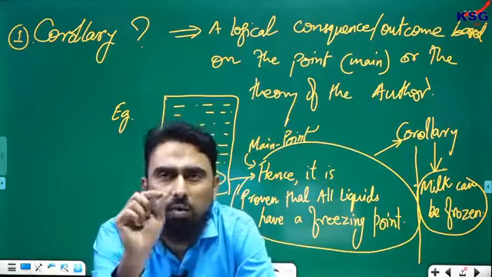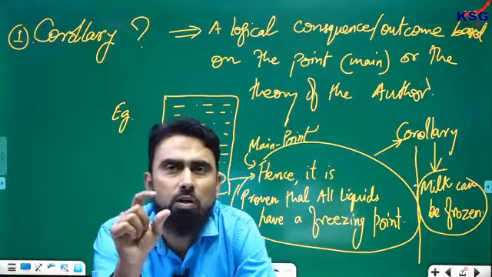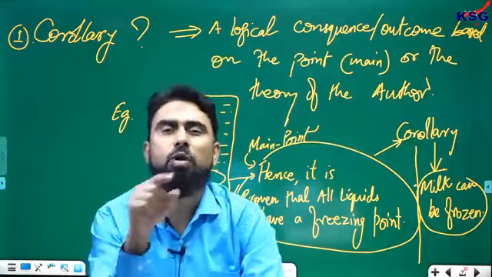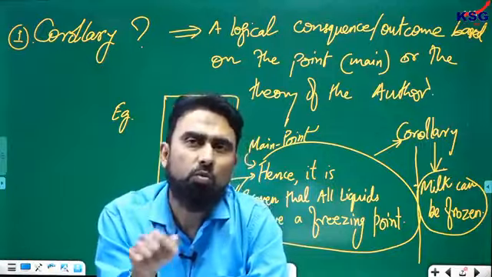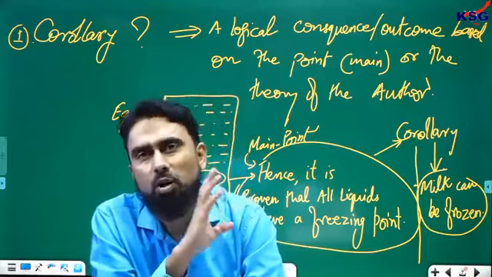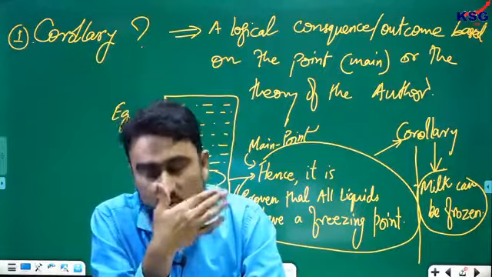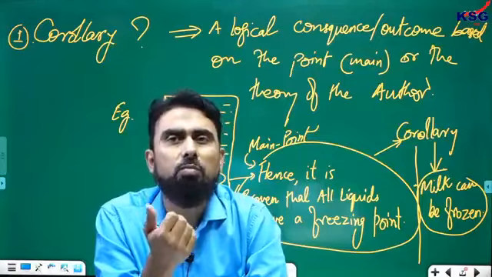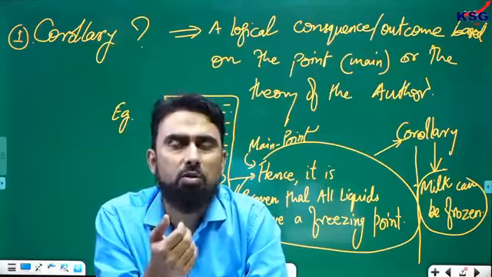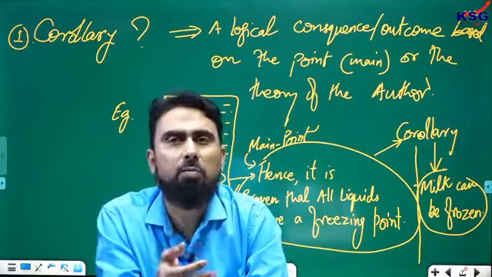While writing your steps, suddenly you come across a step where you feel okay, here is this ideal case where a particular theorem can be used. So this then you prove as a corollary to that theorem. So that's an outcome or finding based on an already established or proven point. So corollary is a consequence based upon an already proven point, an already established theorem.